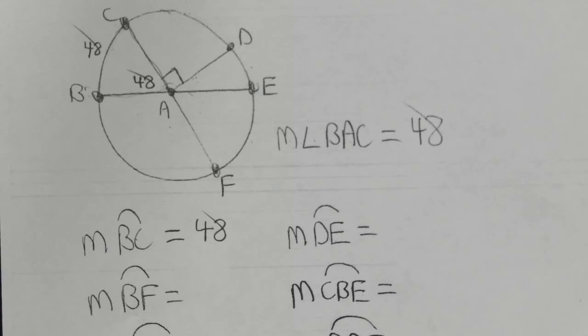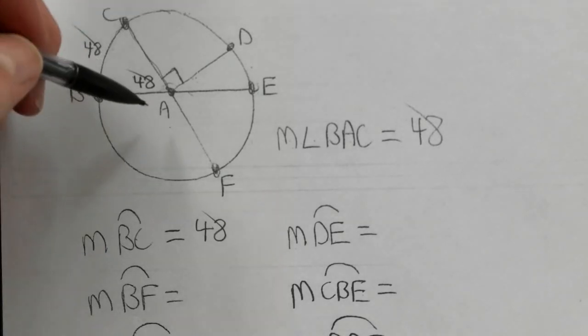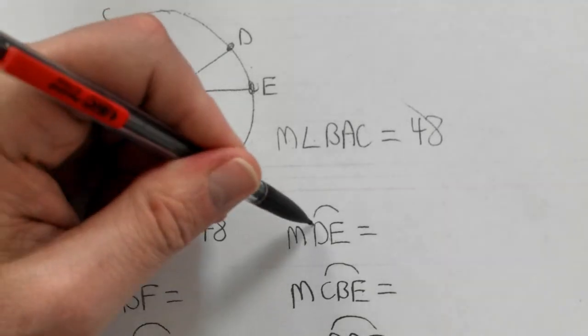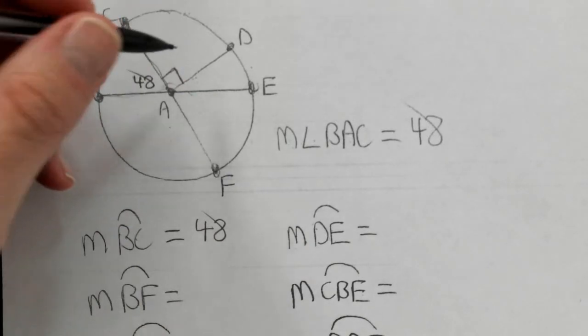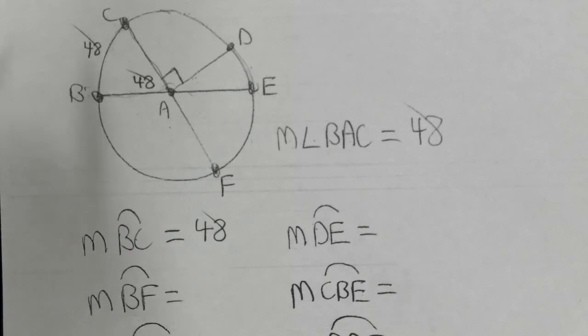Okay, which one do we want to look for next here? Maybe perhaps this one, DE. So let's look for DE. Okay, so here's arc DE. Think about this.